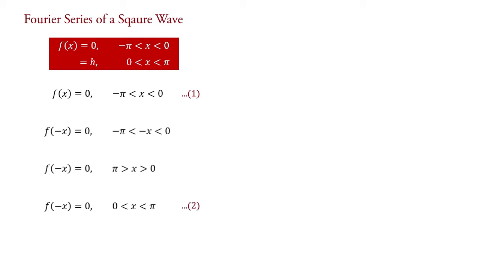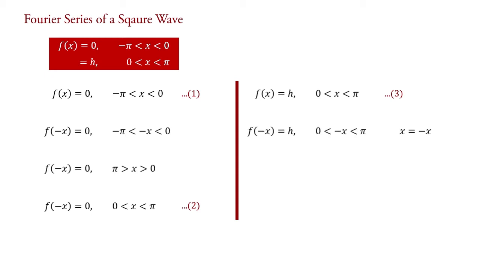Say equation 2. In the second part, f of x equal to h for 0 less than x less than pi. Say equation 3. Now take x equal to minus x. Therefore, f of minus x equal to h for 0 less than minus x less than pi. Here we put a negative sign in front of x.